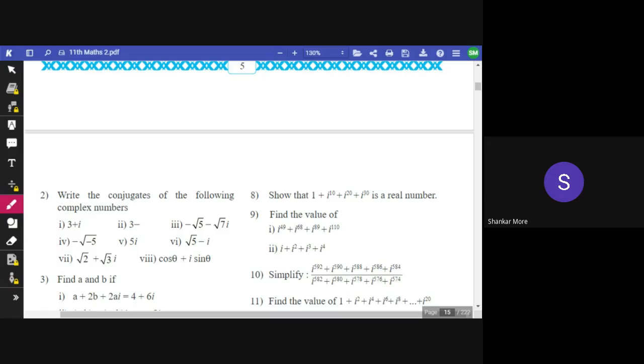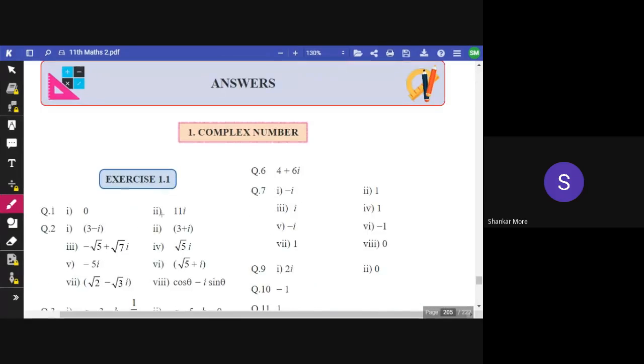Page 196. Okay, 1.1, the second question and the third sub question.